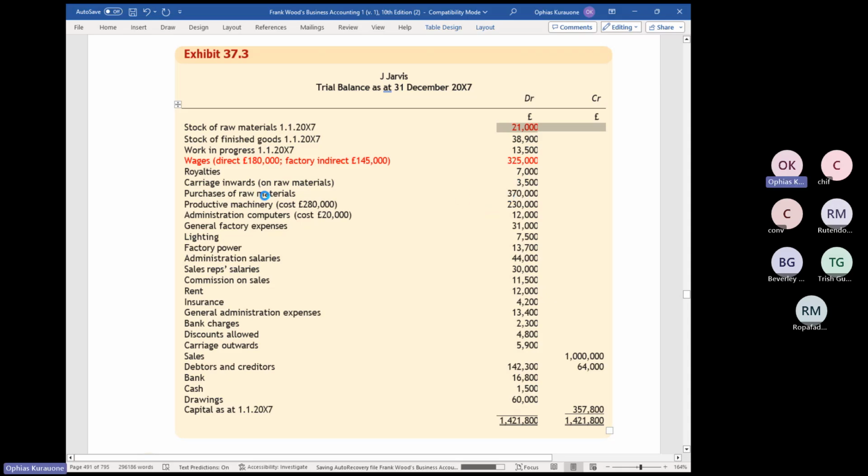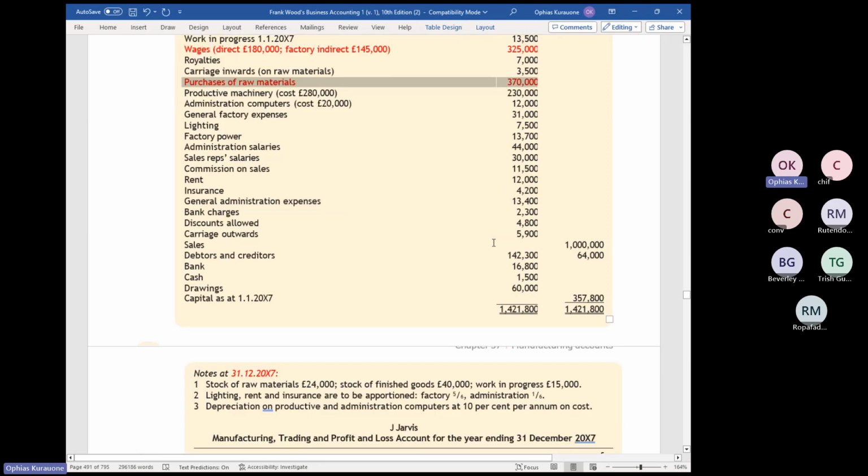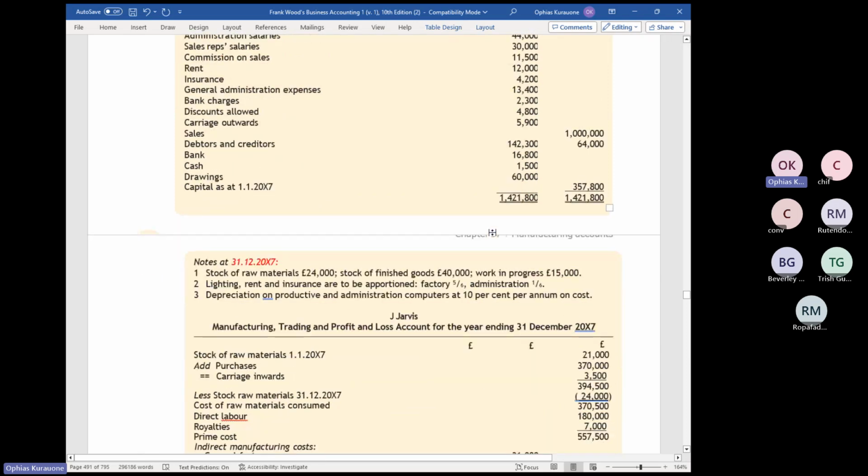370,000. That is the purchase of raw materials. So it's opening stock 21,000, plus purchases of 370,000.